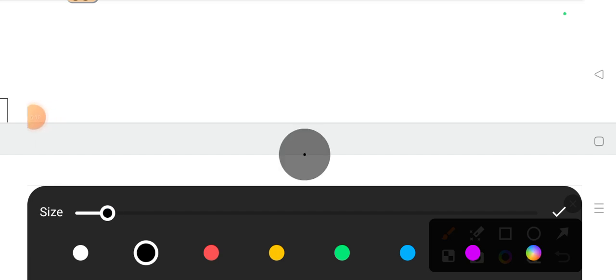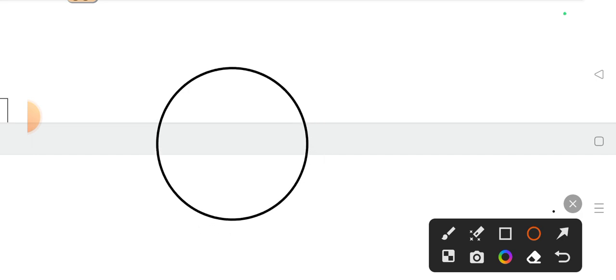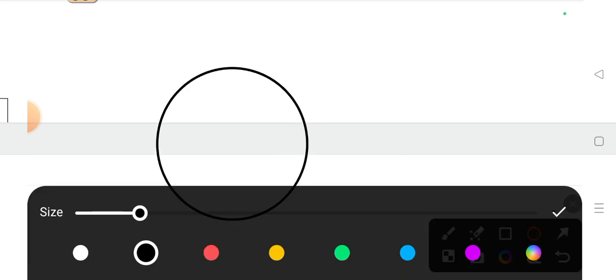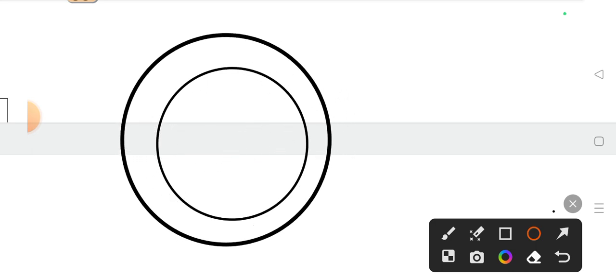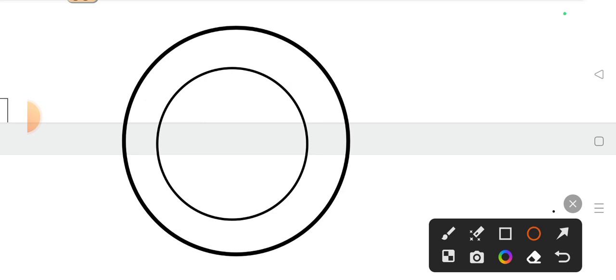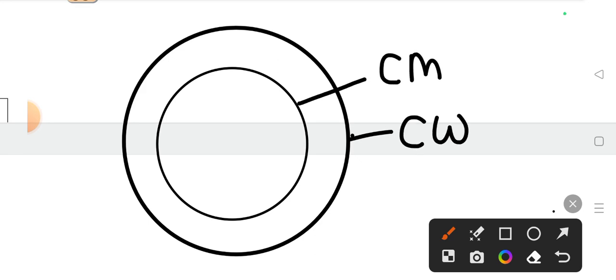So look here. This is a thin membrane overlapping with a thick membrane. This thick part is the cell wall. This thin part is the cell membrane. Actually, they are very close to each other, but I have drawn them very far apart.